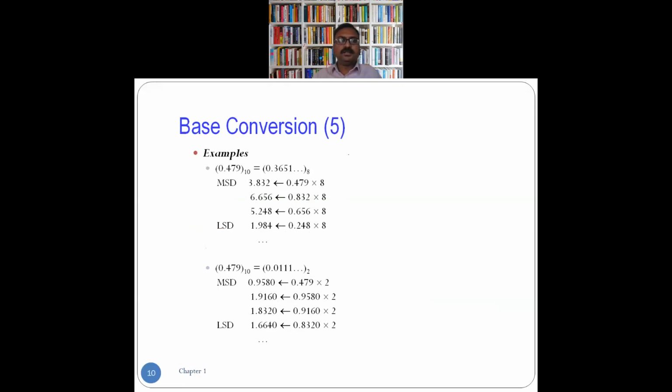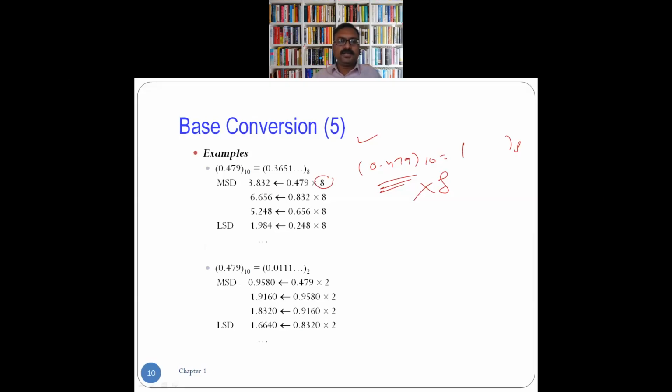For example, take 0.479 of base 10 and convert it to an octal number. You have to multiply it by 8. So multiply 0.479 by 8.